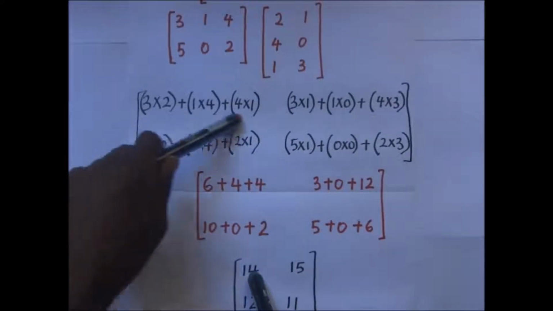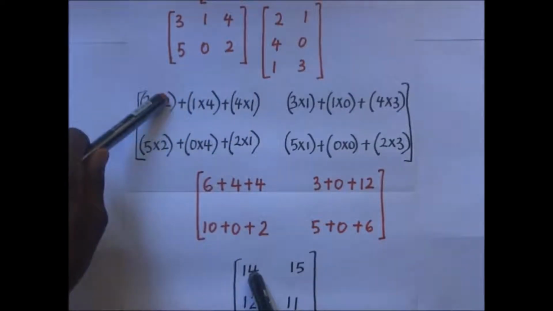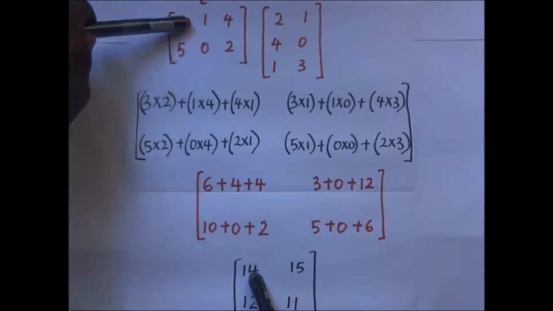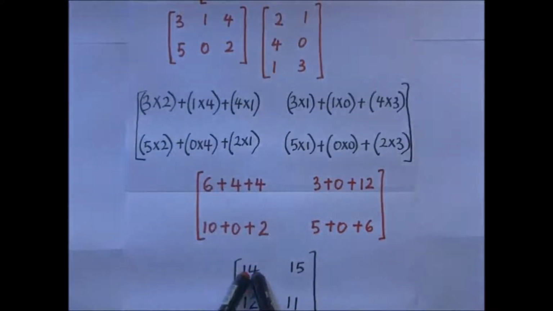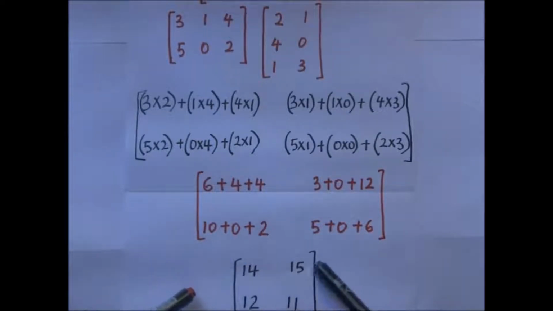This answer is a result of multiplying this top row by that column. Why? Because the answer we want is in the top row and in the left column.